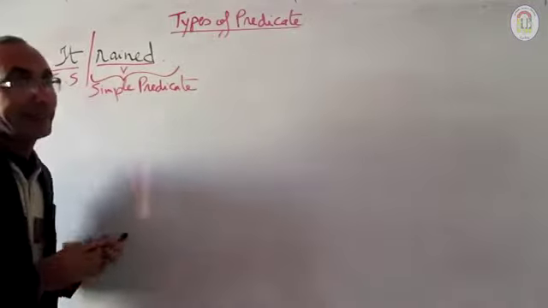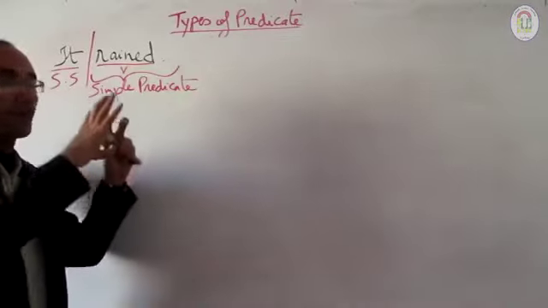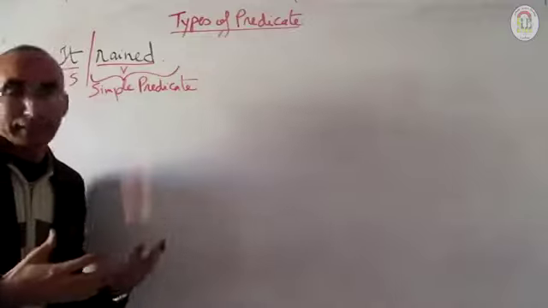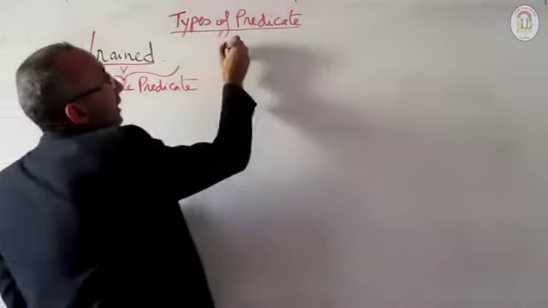Simple predicate, it means it equals the verb alone. So in English the verb itself is called simple predicate. Clear? We write here the first type.